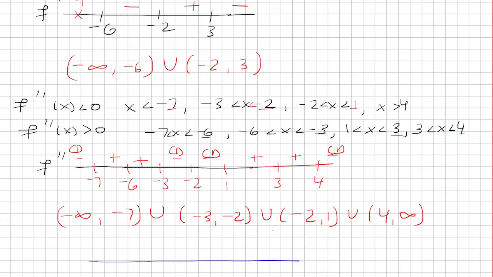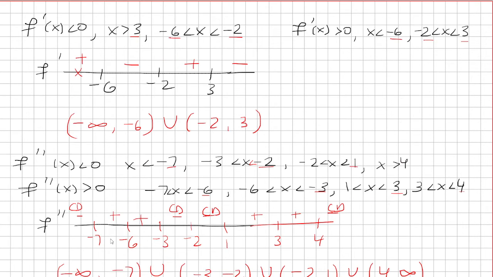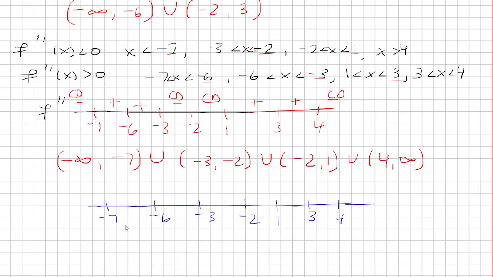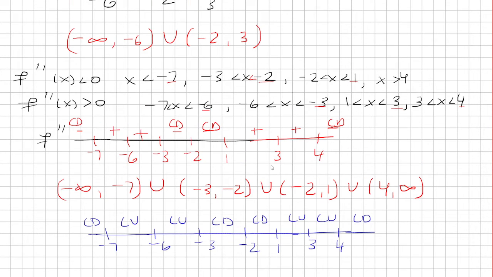So let's just copy down the values from the second derivative. When x is less than -7, we'll just copy what we have here first. So concave down, etc. All right, then we'll go back up here.